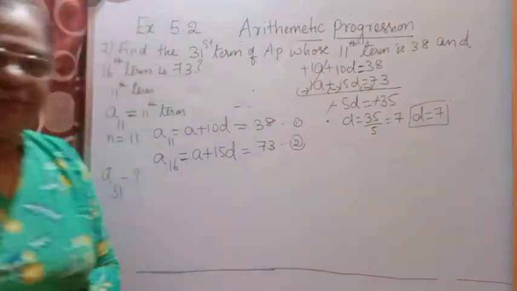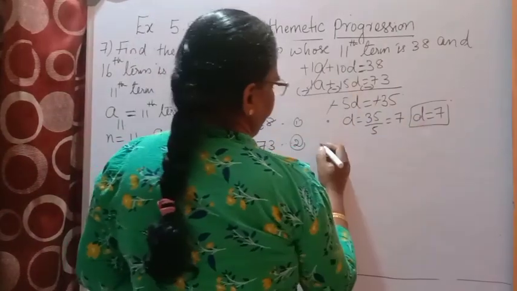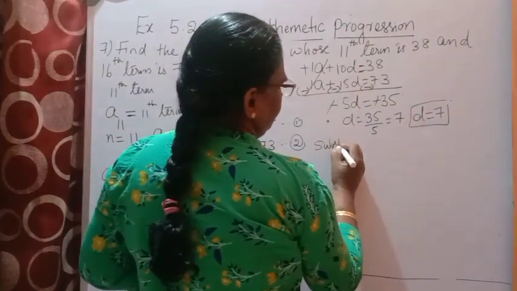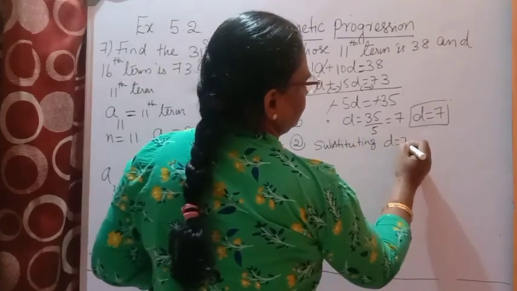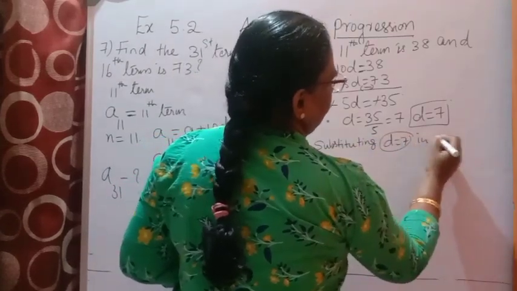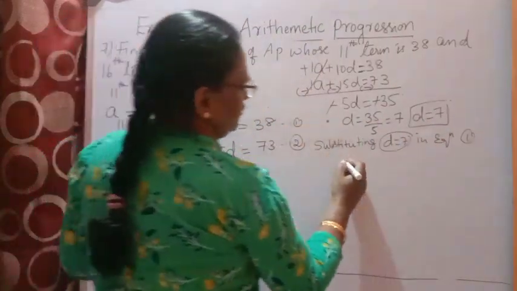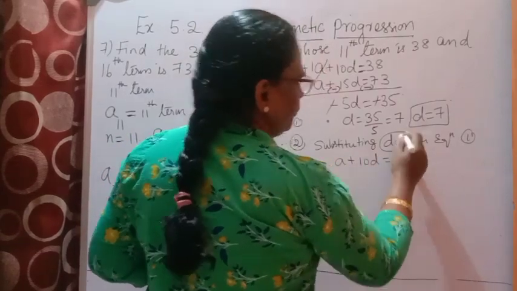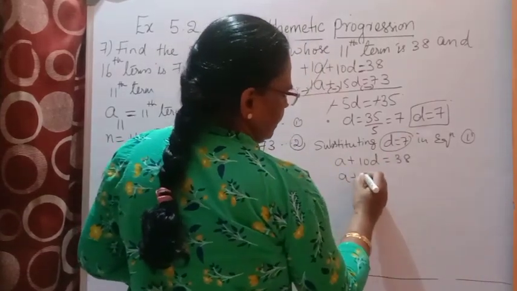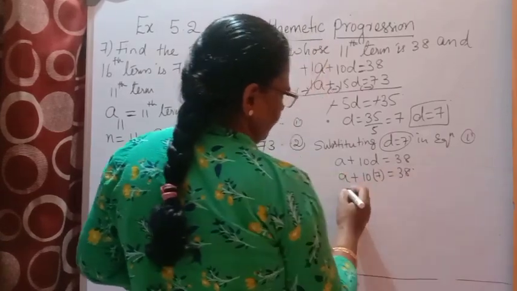Now you got the value of D. D is the difference, is it not? So put this value in any one of the equations. Substituting D is equal to 7 in equation 1. I call this equation 1. A plus 10D is equal to 38. Put D is equal to 7. A plus 10 into 7 is equal to 38.